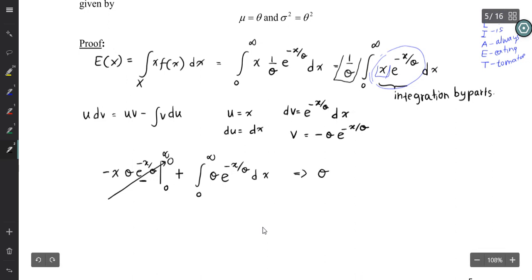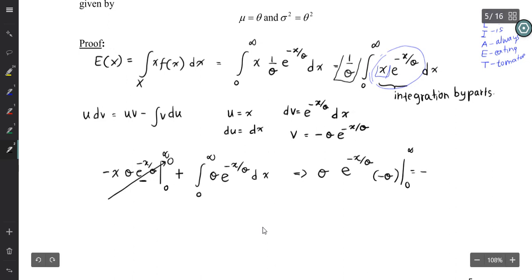We have theta here, and then the antiderivative of e to the negative x over theta is again negative theta, with the negative sign. So evaluate this from 0 to infinity.